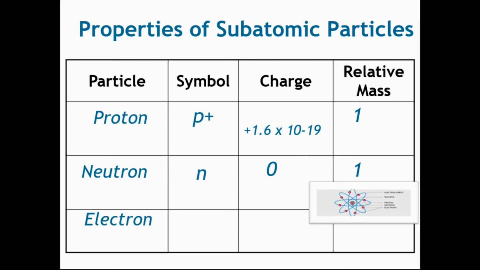Then the last one, which is the electron, they symbolize E with a negative on it and has a charge that is opposite to that of the proton, and so that will be minus 1.6 times 10 to the power 19 coulombs.